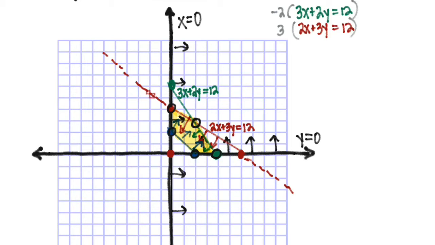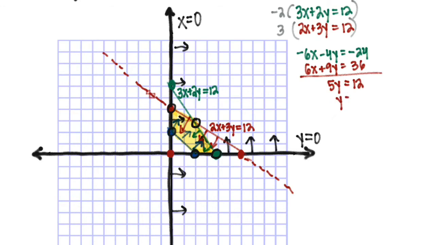So we get the green equation becomes -6x minus 4y equals -24. And then the red equation becomes 6x plus 9y equals 36. That gives me 5y equals a positive 12. So y is equal to 12 over 5.